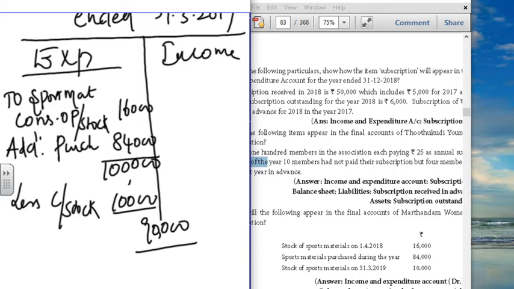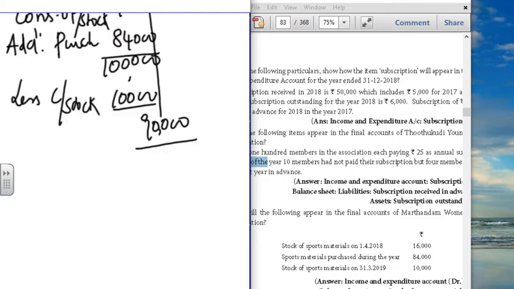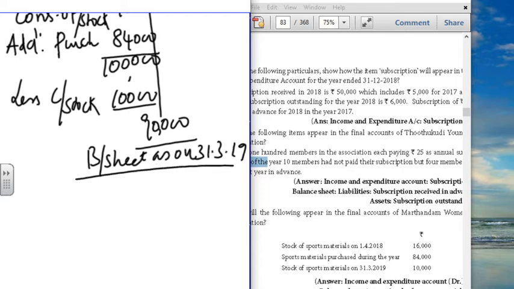The next thing is how it is going to appear in the balance sheet. With the balance sheet as on 31/3/19, the closing stock will always appear only on the asset side.